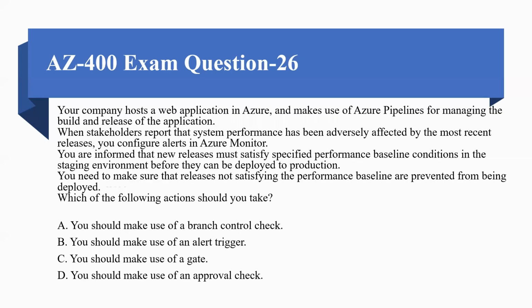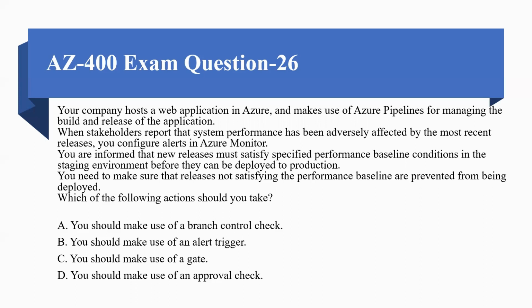Moving towards the next question. Your company hosts a web application in Azure and makes use of Azure Pipelines for managing build and release of the application. When stakeholders report that the system performance has been adversely affected by the most recent releases, you configure an alert in Azure Monitor. You are informed that new releases must satisfy specified performance baseline conditions in the staging environment before they can be deployed to production.